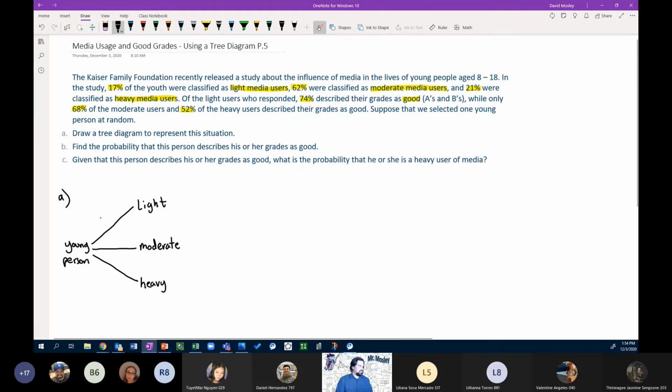All right, 17% goes along with light, so 0.17. 62% was moderate, 0.62. And 21% were heavy, 0.21. The next part of the sequence here, the next option, is whether they classified their grades as good or bad.